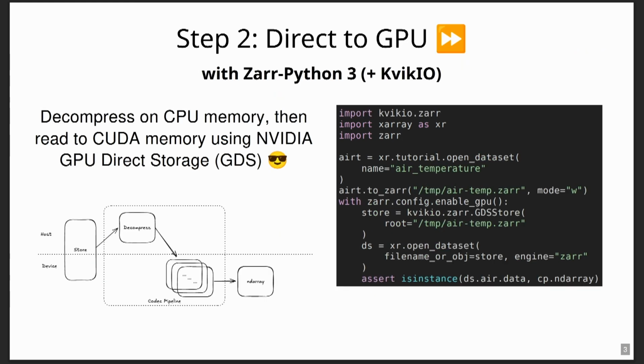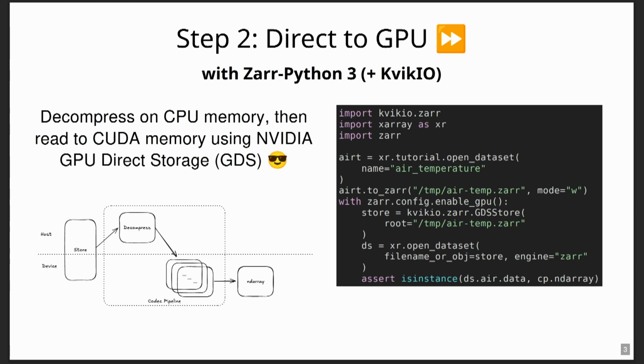Step 2, once you have your data sharded correctly, you want to optimize the read as fast as possible. If you have Zarr Python 3, you can use a library called KvikIO, which allows you to read from your Zarr store directly into a CuPy array.